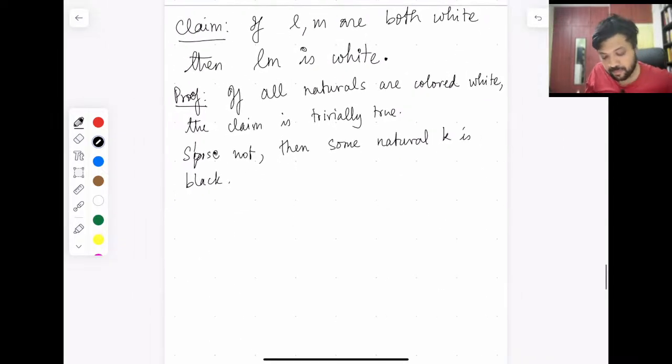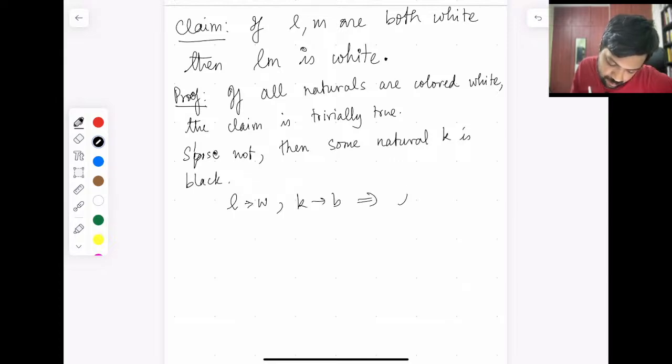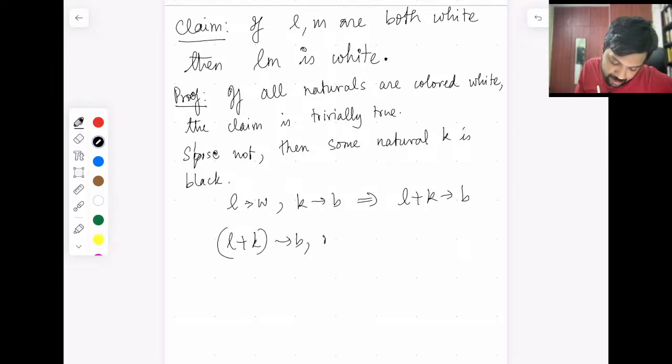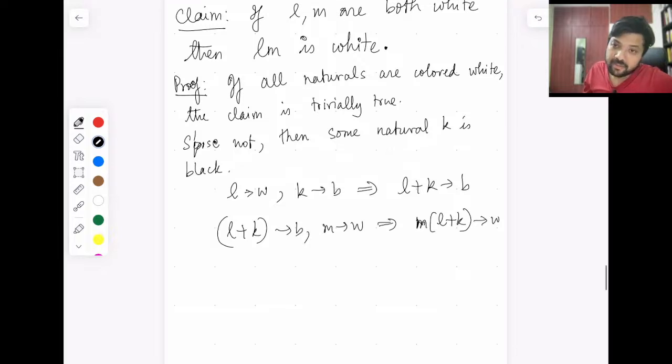Now, clearly since L is white and K is black, this implies by the conditions that L plus K is black. And L plus K is black and M is white implies M into L plus K is white, because the product of a black and a white is white.